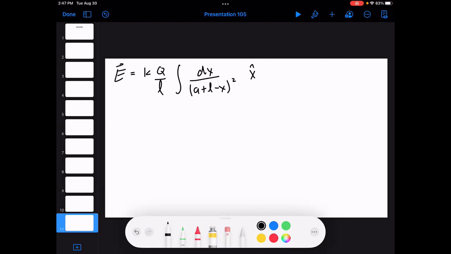And that might make this look a lot prettier. So I could say, well, u will be a plus L minus x. So du, I don't need to worry about the a or the L. That'll just be minus dx. Sound okay?